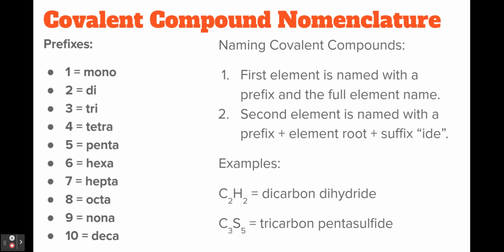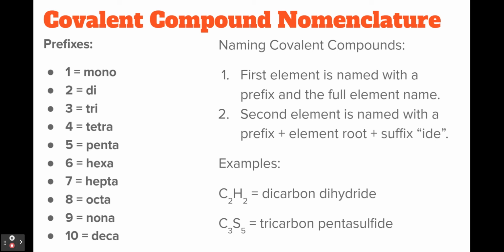Now, the way you're going to use these is that when you're naming a covalent compound, you do the exact same thing with the words as if you're doing a binary ionic compound, except you add prefixes before each of the words. So the first element is going to be named with a prefix indicating how many of that element are there, and then the full element name.